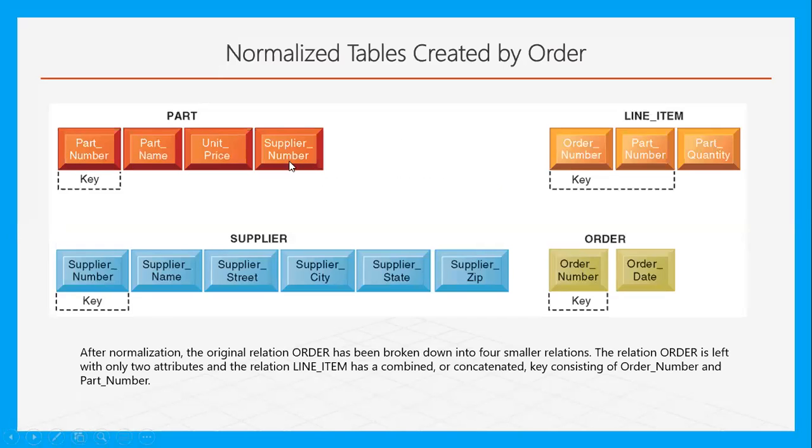dinivide nila into 3. So, after normalizing, the original relation order has been broken down into 4 smaller relations. The relation order is left with only 2 attributes and the relation line item has combined or concatenated key consisting of order number and part number. So ito po yung mas madali na lang po. Kung mag-create kayo ng order, mayroong part number, ito po yung key, part name, unit price, supplier number.